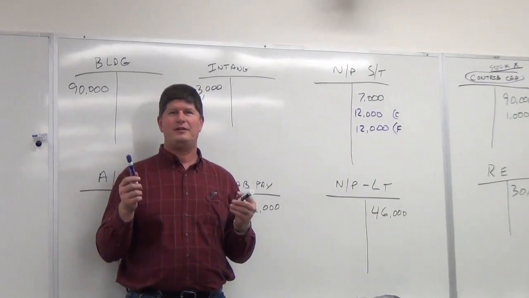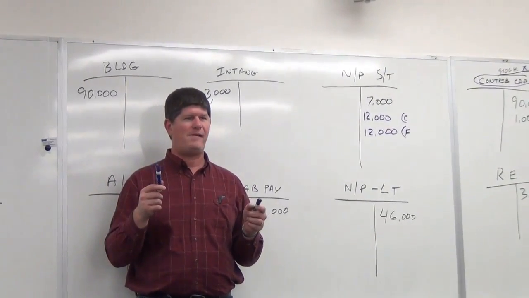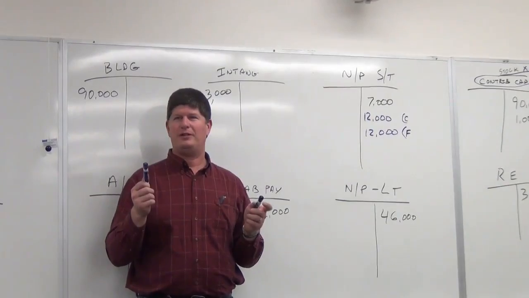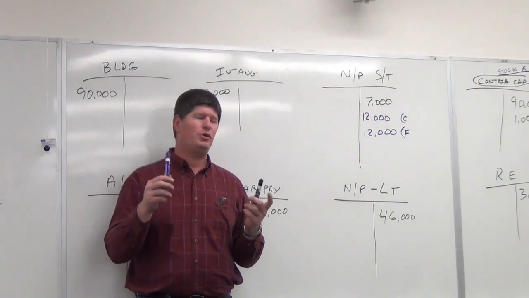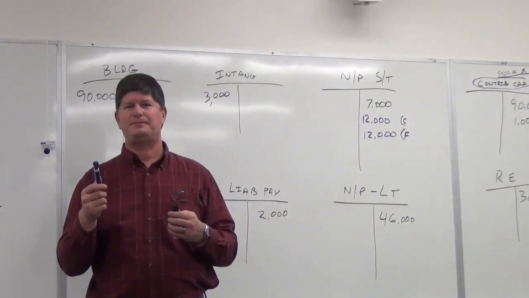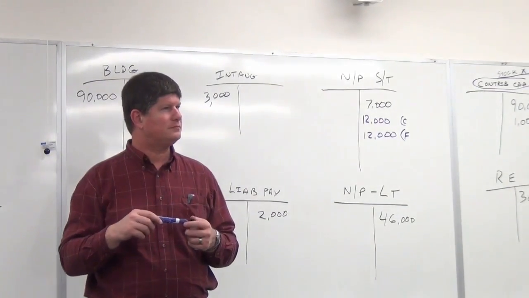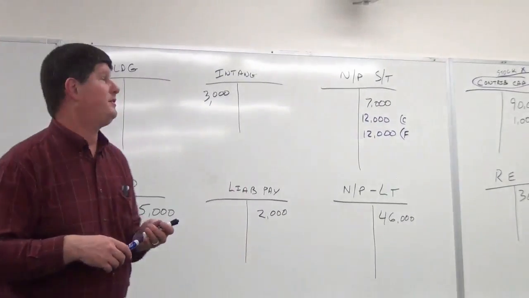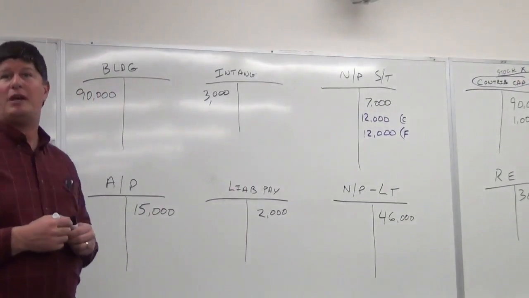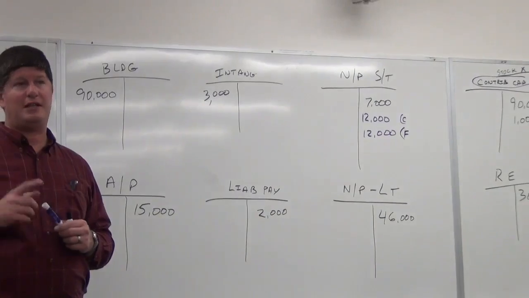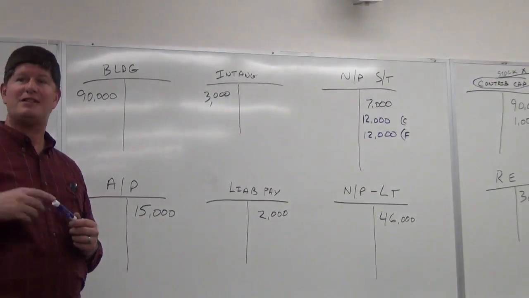Questions on F? Is there a G? How many more are there, by the way? No problem. What's G? Purchased a patent for $3,000 in cash. We're going to buy a patent. A patent is an asset or a liability? It's an asset.